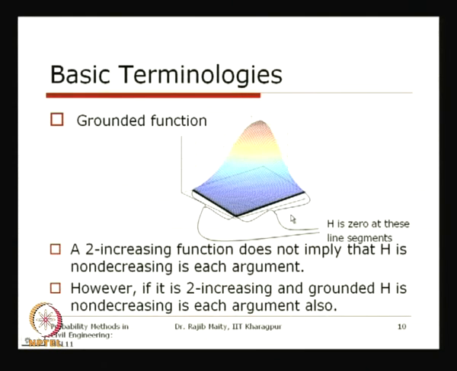But if we say both properties, that it is 2-increasing as well as grounded, then we can say that it is non-decreasing in each argument also. Which is obvious because their marginals are also CDFs, which are non-decreasing, so their joint function, that is the Copula function, should be 2-increasing as well as grounded.